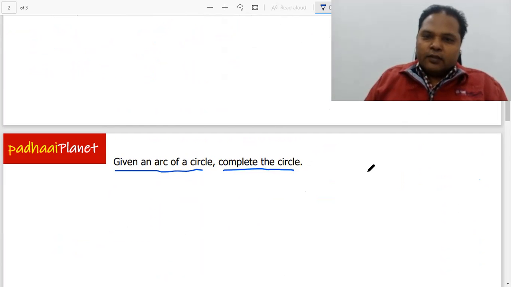Without the center, it is very difficult to complete the circle. Now here we'll see how we do it. So suppose this is the arc which is given, and we need to complete this particular circle. Let me just draw it a little properly.